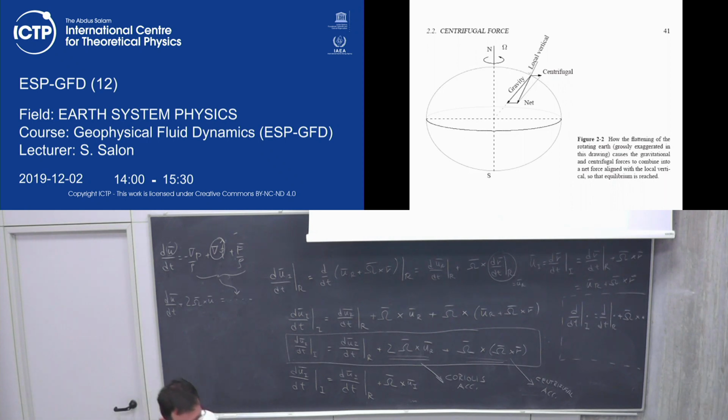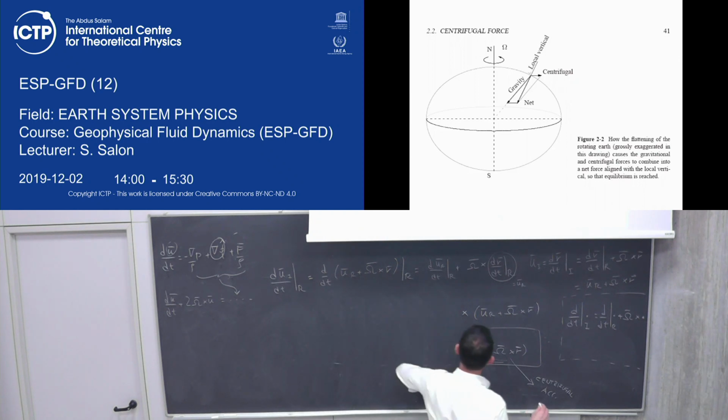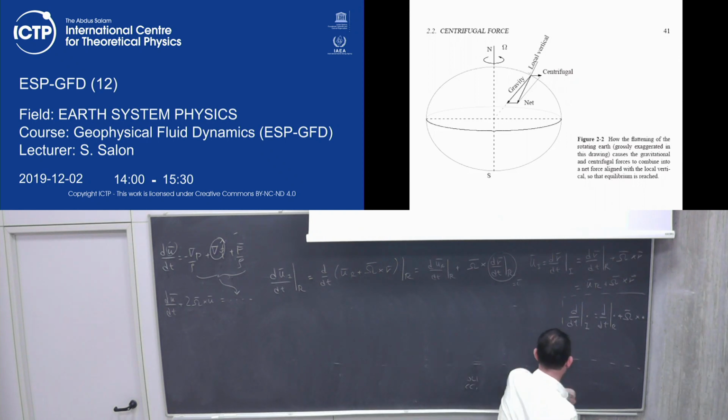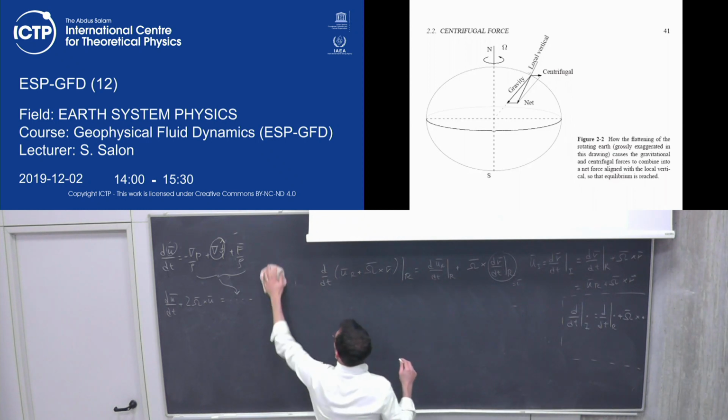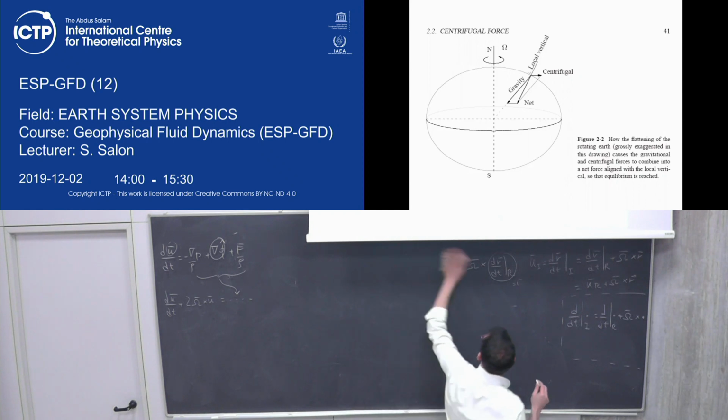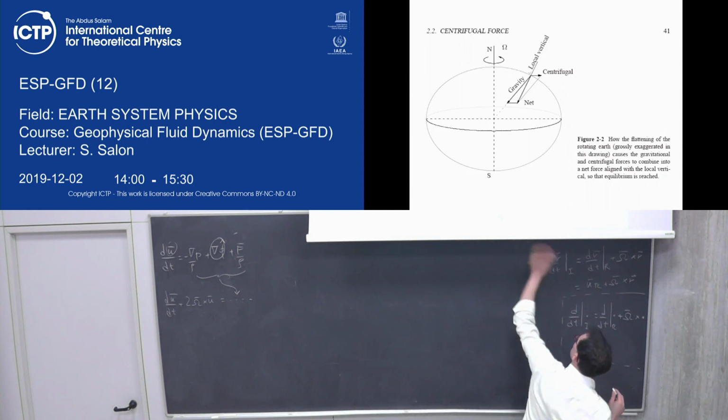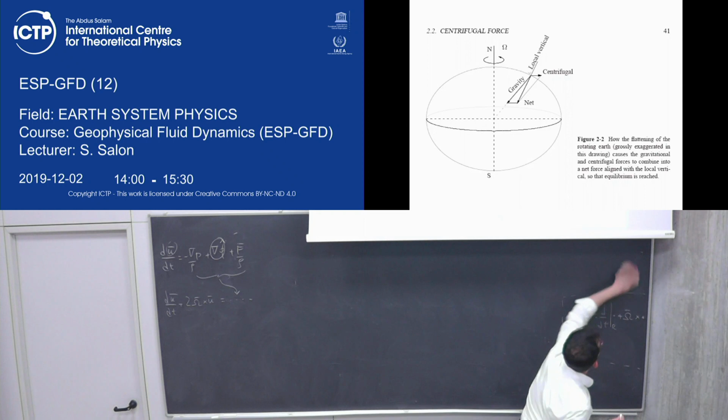So the first question that we can ask is, okay, what happens if we do not have any forces? So now we are safely on our Earth. We know how to describe our fluid dynamics equation in our rotating planet.